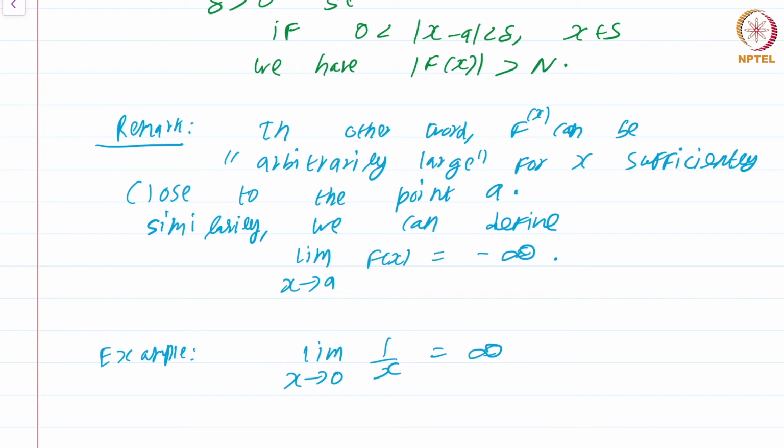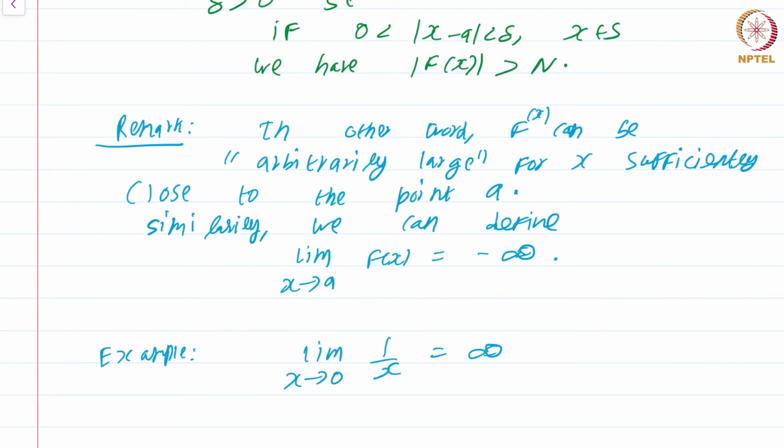Okay, now is this correct? First of all, let's think about it. What happens when you approach 0 from the left hand side? Well, x blows up, 1 by x blows up, but 1 by x blows up negatively.